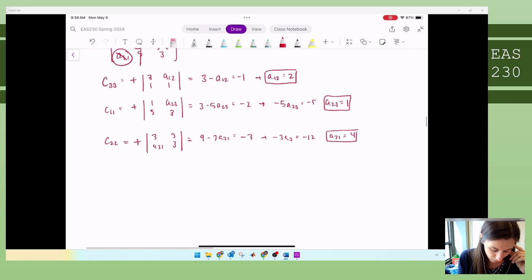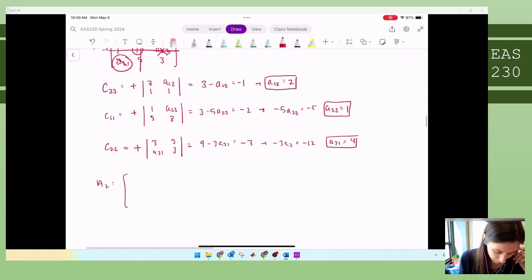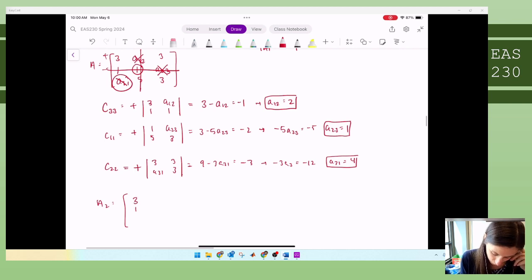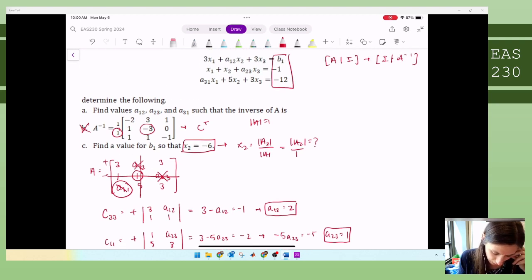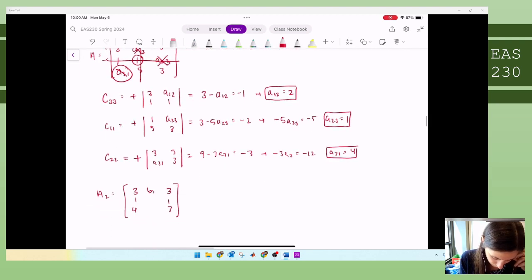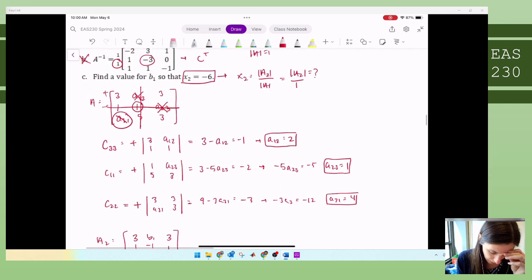A2 is going to look like A, and now I know all the values of A. The first column is 3, 1, 4, and the third column is 3, 1, 3. Column 2 is my b vector, which is b1, negative 1, negative 12. I want the determinant of this so that x2 equals negative 6. If the determinant of A is 1, that means the determinant of A2 should equal negative 6.